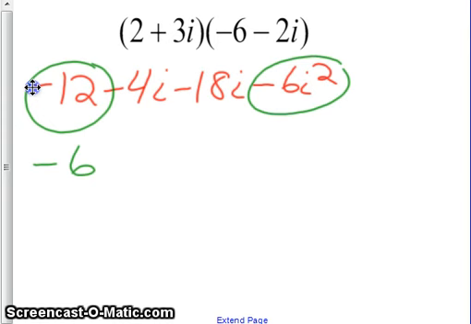I think this is one of those situations. You're welcome to substitute the negative 1, do the multiply, and combine the terms in different steps if that's comfortable for you. Right now, I'm going to add my i terms, so I have negative 4i plus negative 18i, negative 22i. There's my answer.